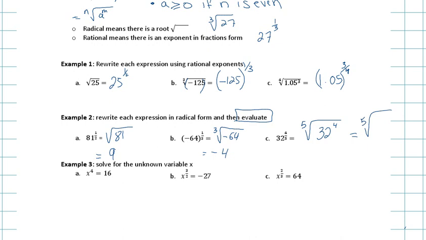How do I do the fifth root on the calculator? The fifth root of 32 should be 2, and then to the power of 4, that should be 16. So it can be 5, shift, 4.